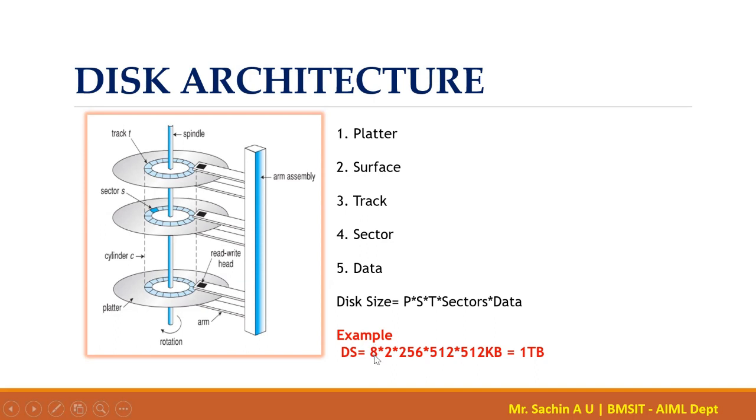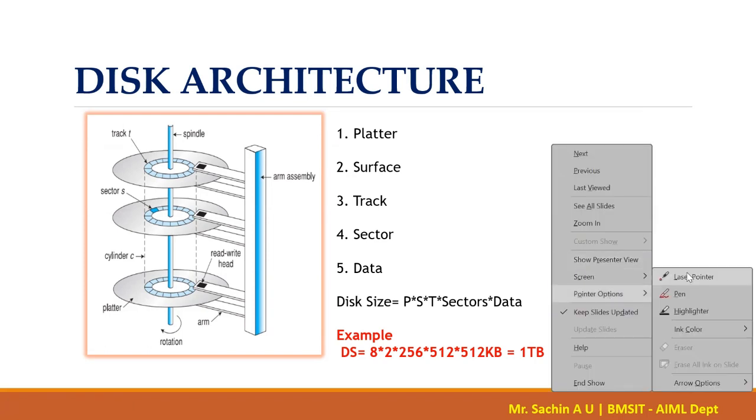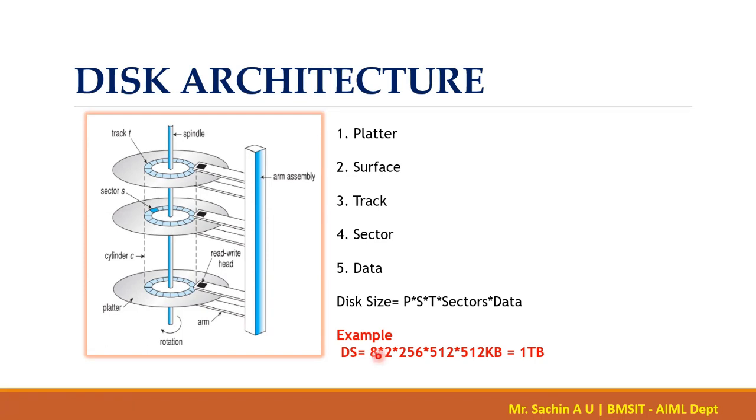And I have told you each platter has 2 surfaces. Let me take the pointer. So in this example, the hard disk consists of 8 platters, and each platter consists of 2 surfaces.